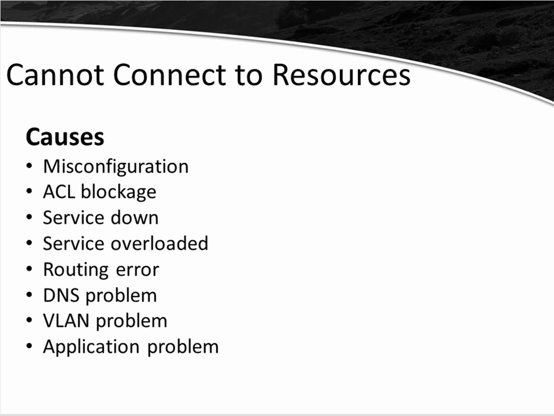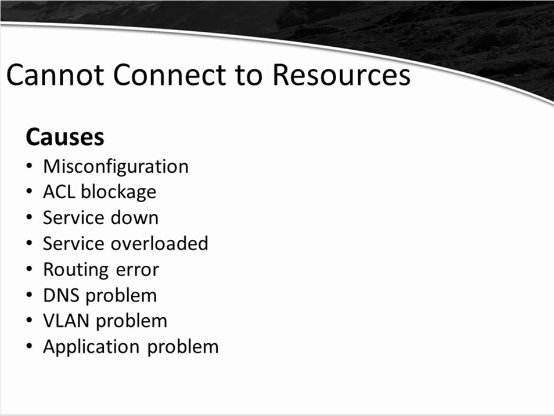Okay, the final thing to talk about here to wrap up our time together today is cannot connect to resources. And you know what? This is a really typical rundown, and some of these things we're going to be looking at troubleshooting next month when we talk about general network troubleshooting. When you can't connect to resources, and we're talking about file servers or email servers or web servers or application servers, these kinds of things, it can be any of these causes.